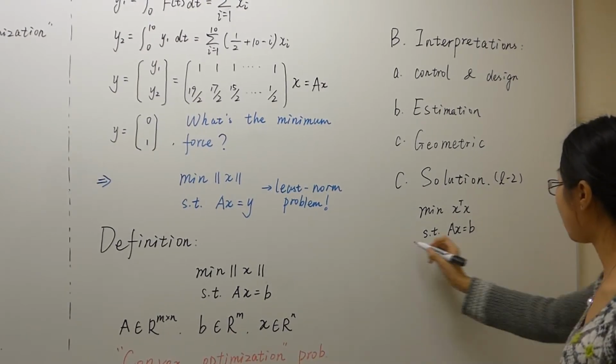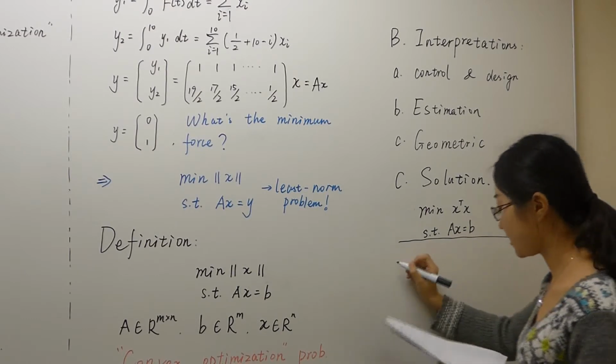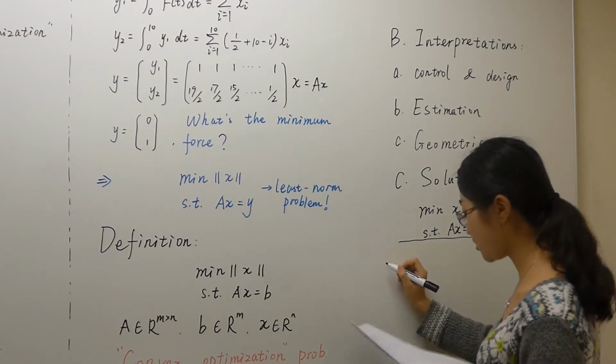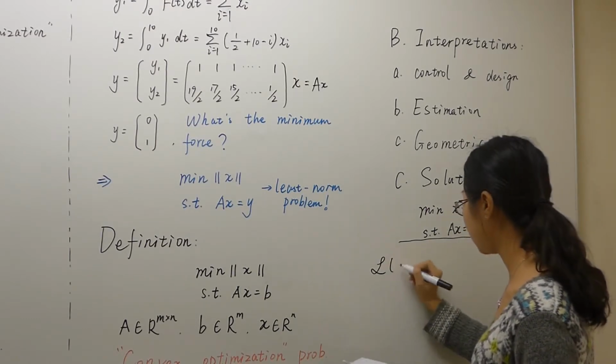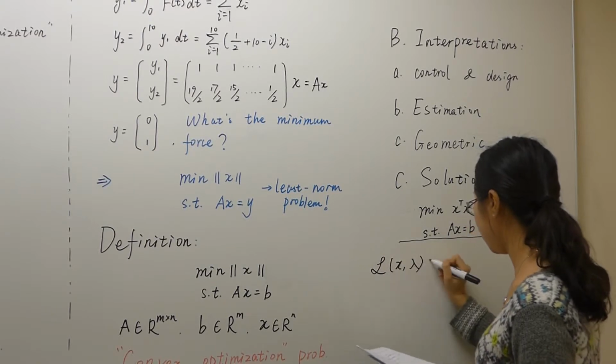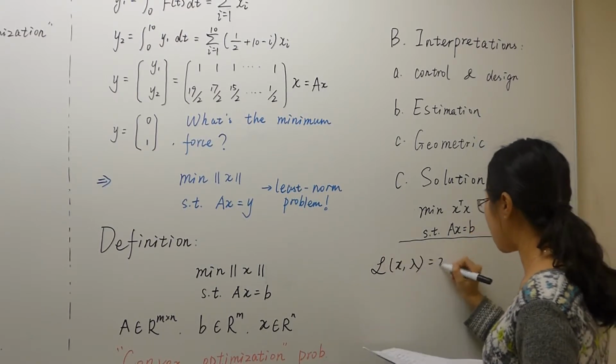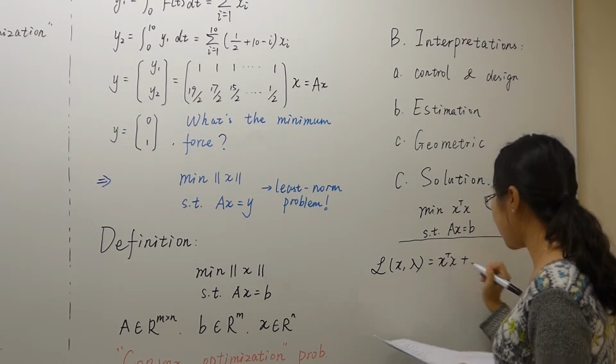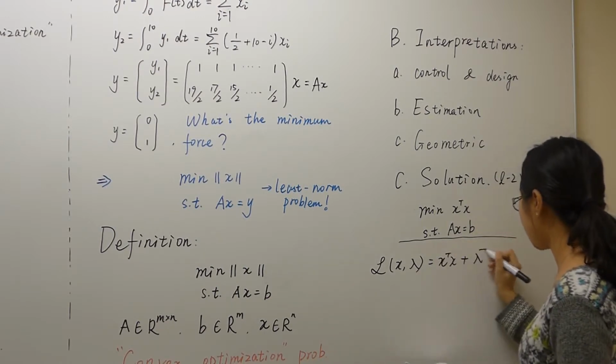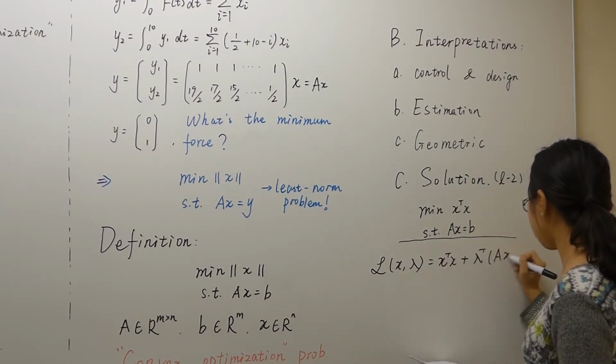With the problem given, we can construct the Lagrangian function as L equals x transpose x plus lambda transpose (Ax minus b).